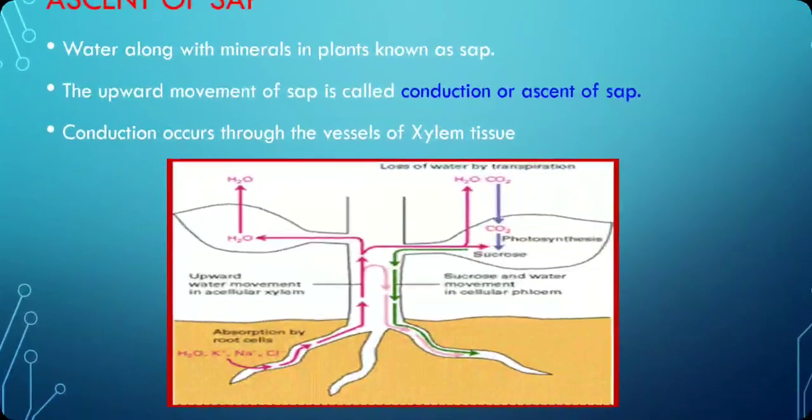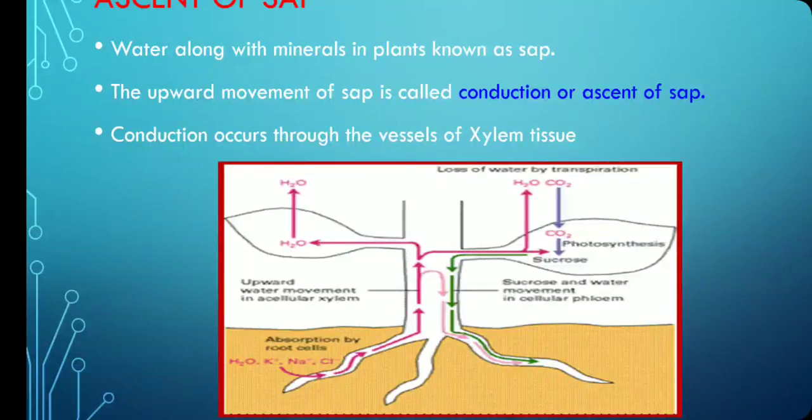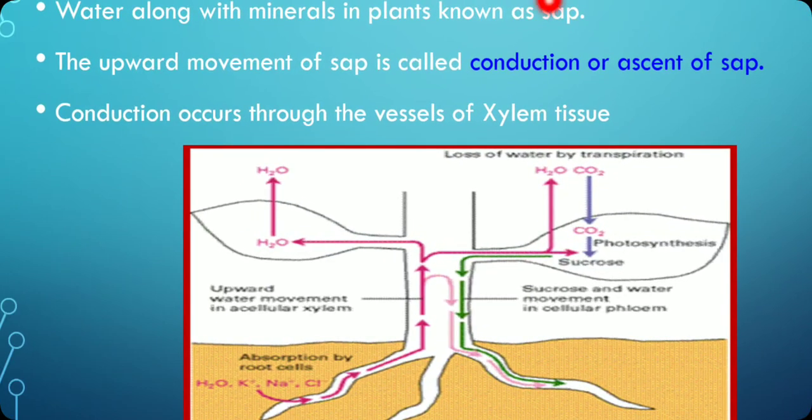Now, ascent of sap. Students, water and minerals are conducted together to the upper parts of the plant, and together they form a substance called sap. Water along with minerals in plants is known as sap.